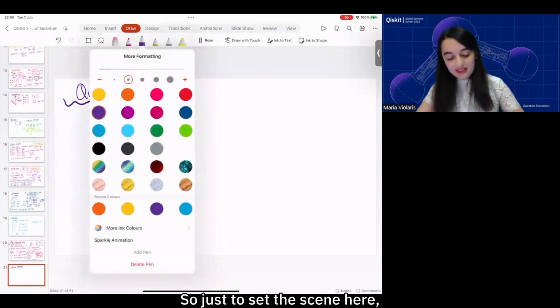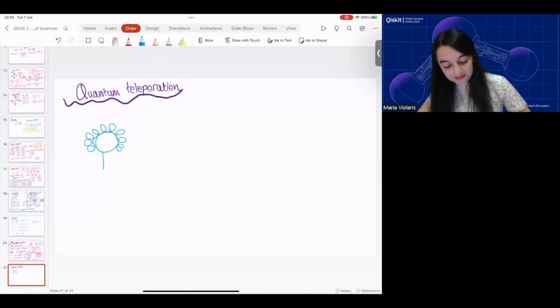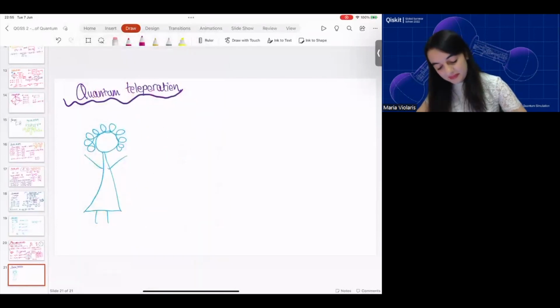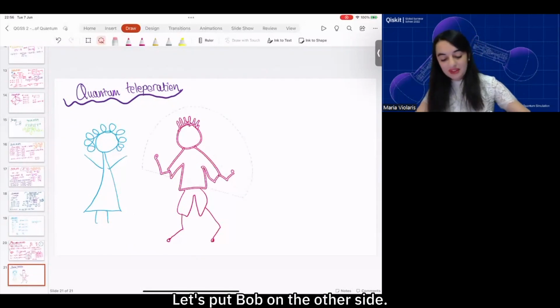So just to set the scene here, let's say we have two people. We have Alice and Bob, and they are trying to, let's put Bob on the other side.